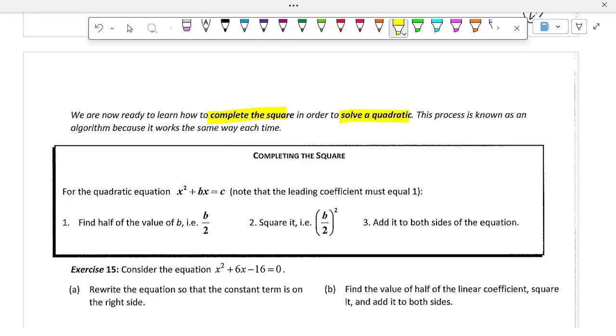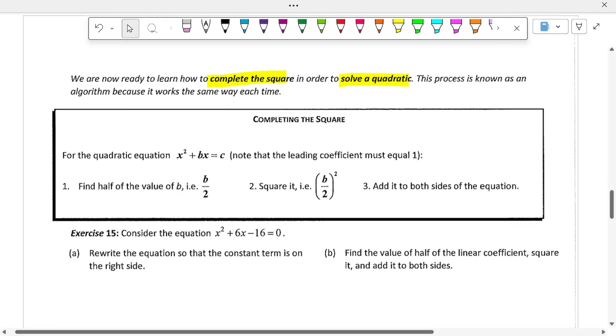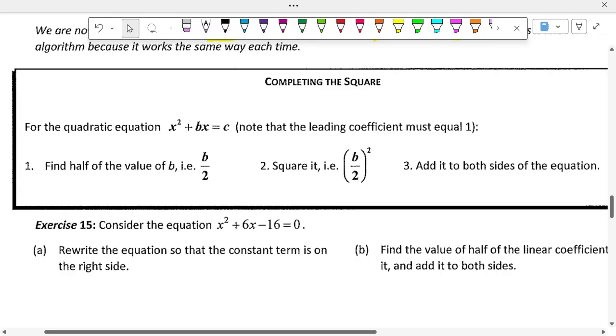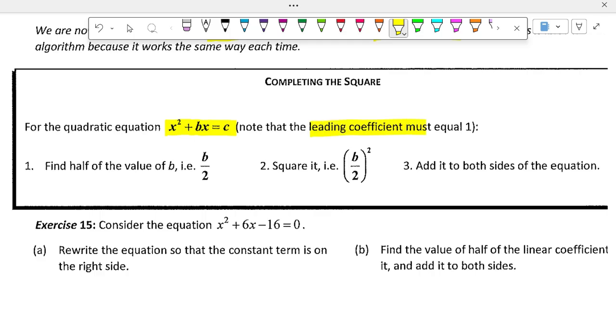The process is very, very similar to what it is to convert to vertex form. So, first off, you have to have x squared plus bx is equal to c. And the leading coefficient must be 1. That's why it's not ax squared, it's just x squared. So in other words, that just means move c to the other side of the equal sign.